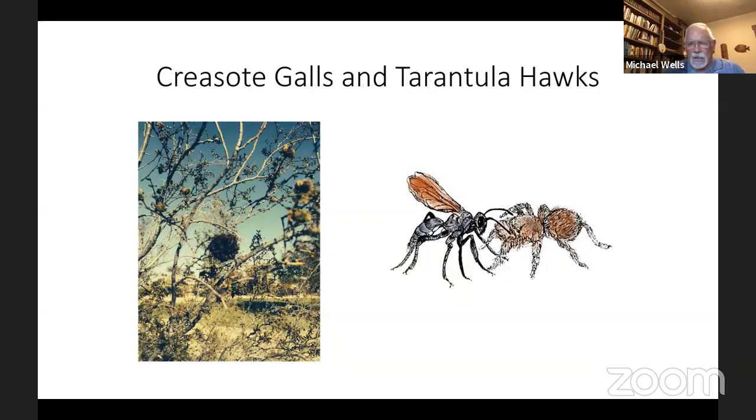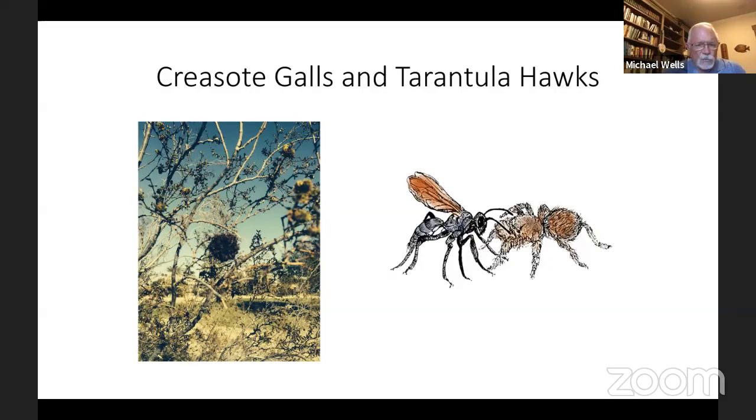So the spider's not dead, it's still alive, it's just paralyzed. And as the eggs mature, the grubs actually eat the living spider, and they avoid the vital organs. And so it keeps the spiders alive as long as possible.